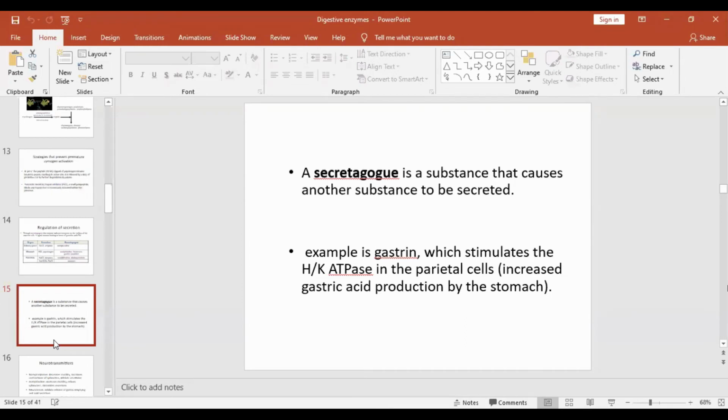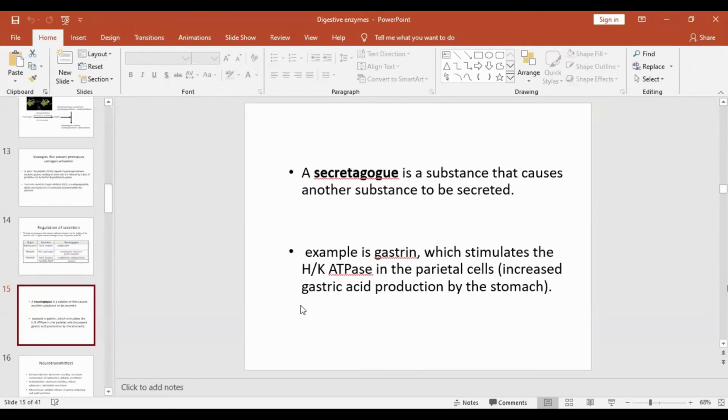One example is gastrin. It stimulates the proton potassium ATPase in the parietal cells and causes gastric acid production by the stomach. So here gastrin acts as a secretagogue, stimulating these ATPase enzymes in the parietal cell, which increases gastric acid production.